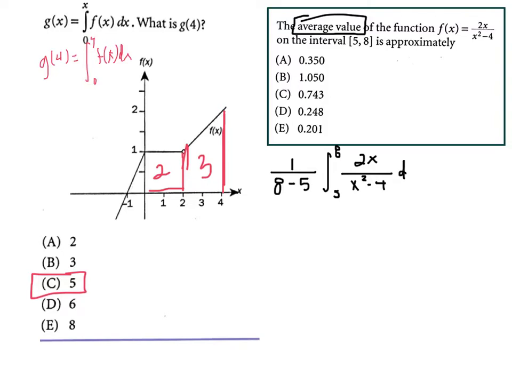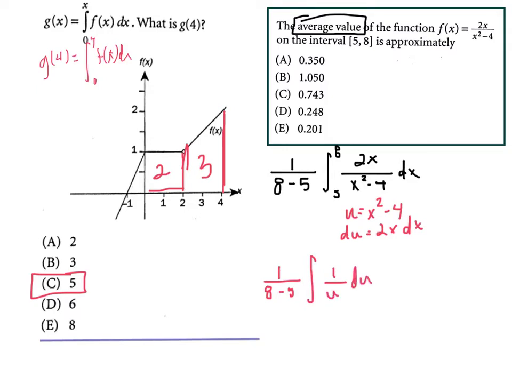And this was on the no calculator section, and I think a lot of people look at this and say, oh my gosh, we can factor that bottom and do partial fractions. You don't need to. u is x squared minus 4, du is 2x dx. So this becomes 1 over 8 minus 5 times the integral of 1 over u du.